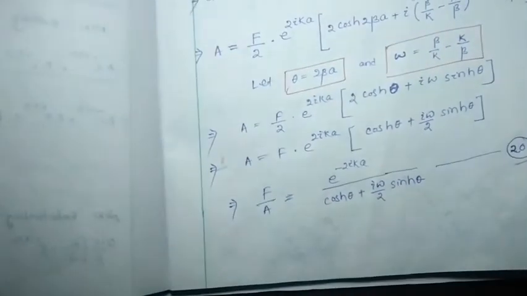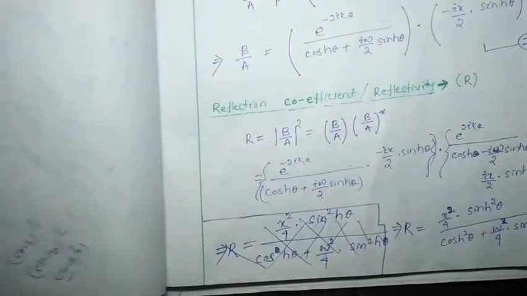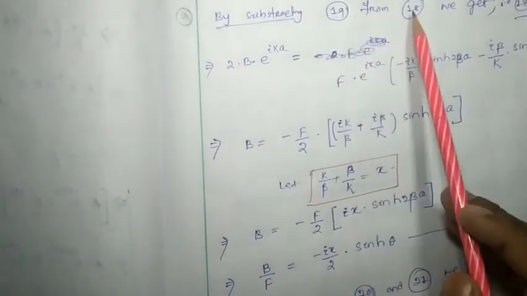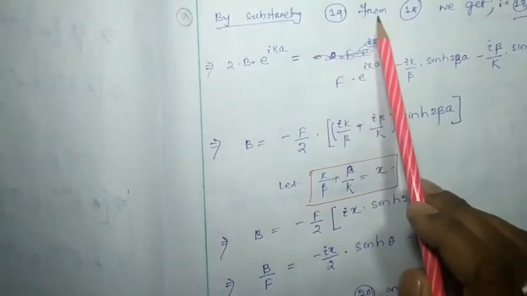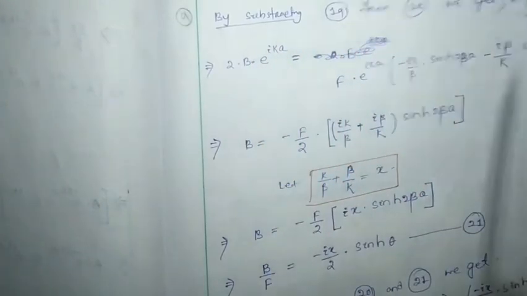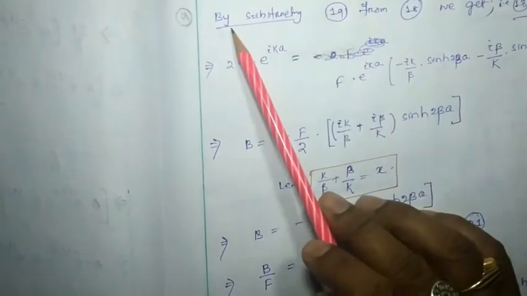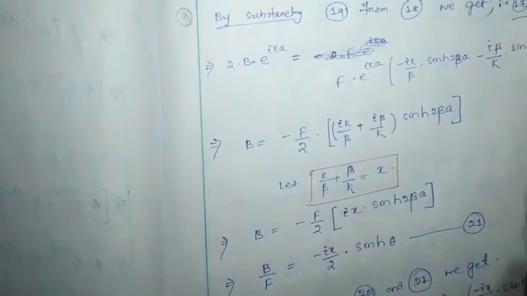Now we are going to consider subtraction between equation 18 and 19. That means we subtract 19 from 18. I suggest that you do it in your rough and check whether this is coming or not. Okay, carefully you have to do it.